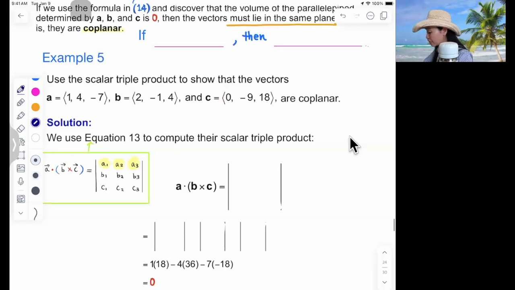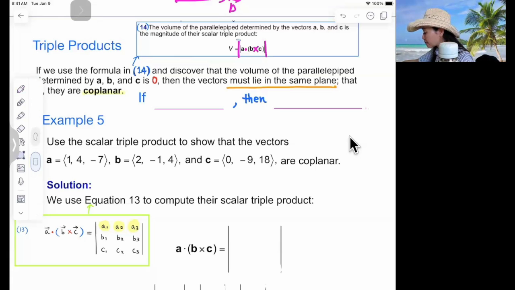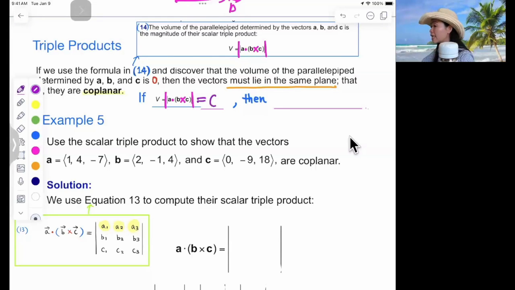Right. Let's try this. So here it says that if the volume is equal to 0, then what happened?